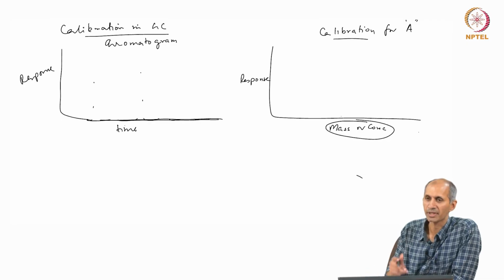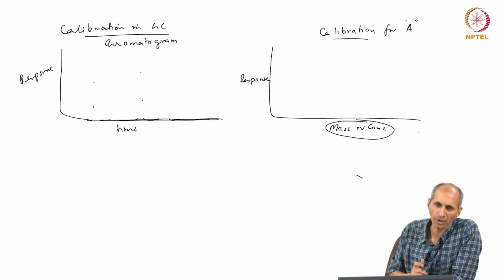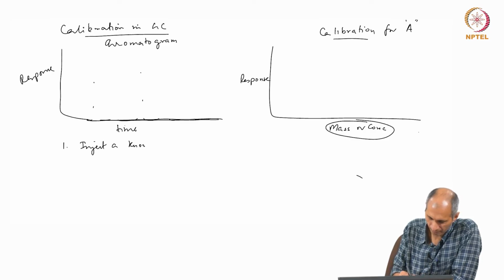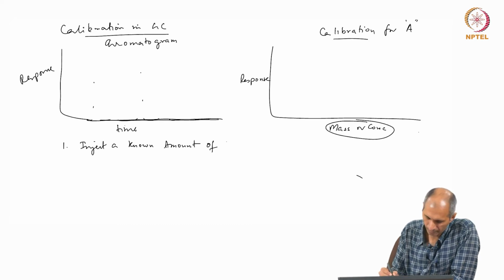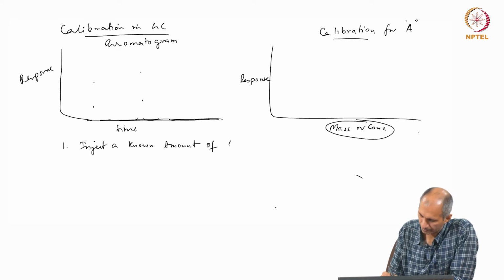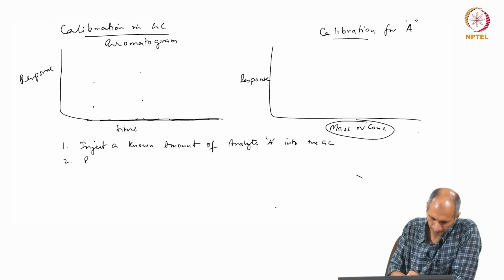So, I have to inject a known amount of analyte A into the GC, and I record the response.